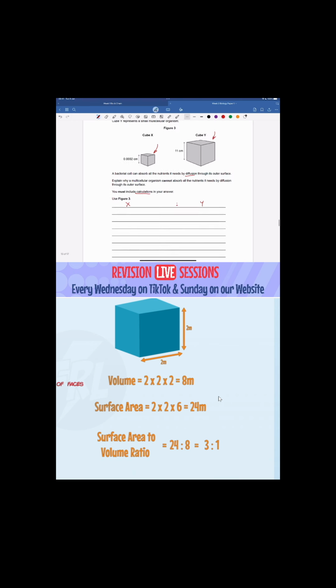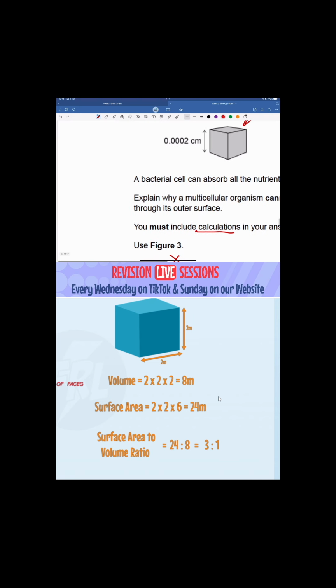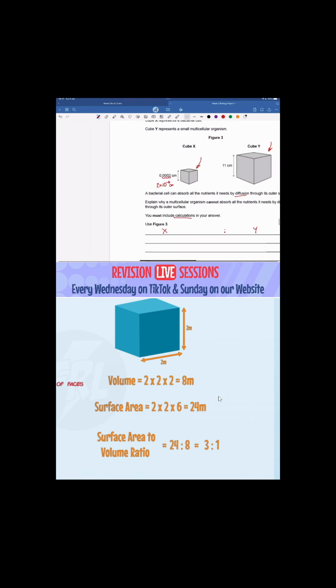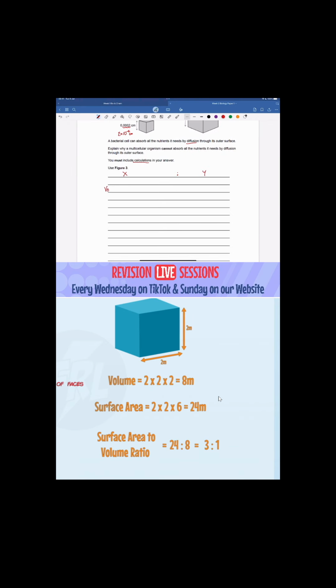So for cube X, let's look at this number properly, 2 times 10 to the 1, 2, 3, 4. So this is 2 times 10 to the minus 4 centimeters. Let's work with that. So for X, to work out the volume, you can do 2 times 10 to the minus 4 cubed.